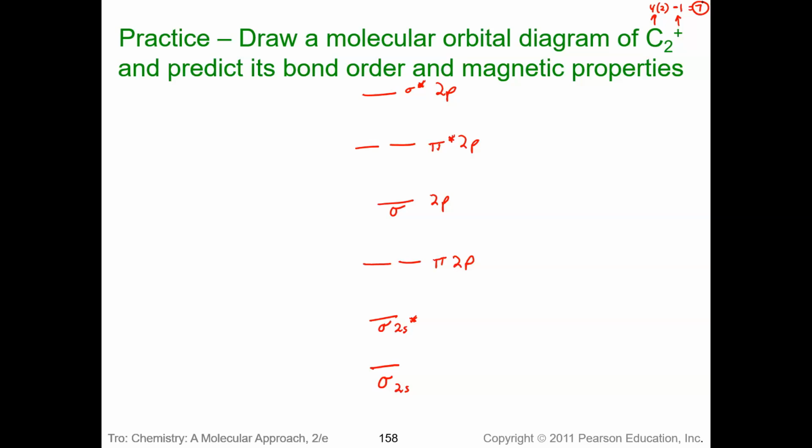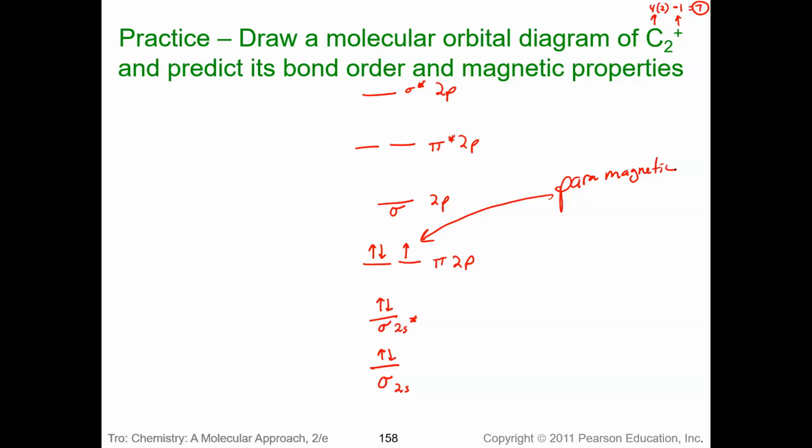So when we fill these, we go low to high: 2, 4, 5, 6, 7. Okay, so we can see already, unpaired electron, this is paramagnetic, meaning it will be attracted to a magnet. It's unpaired electrons, right?